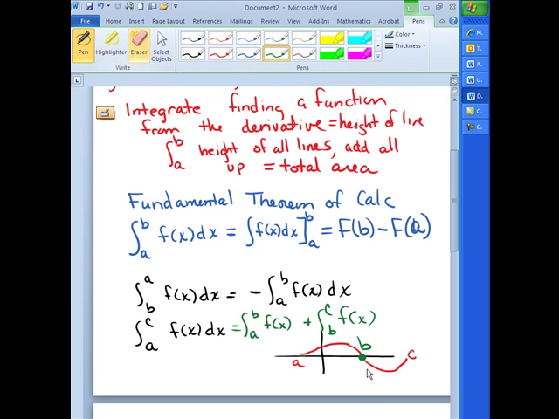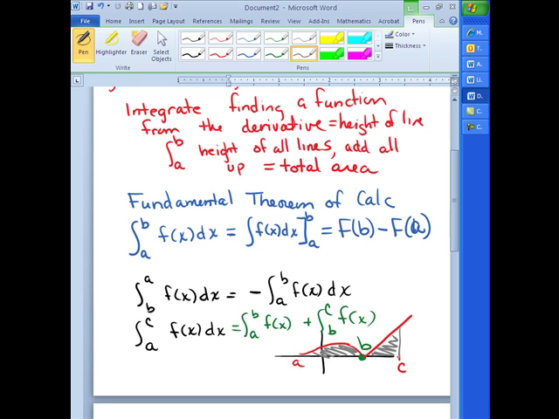Another reason you might do this, because that maybe confused you a little bit, is if we had a piecewise function, and we wanted this area all the way to this area. Well, those are two different equations. So we would have to do A to B and then B to C and then add them together. So those are rules that apply.